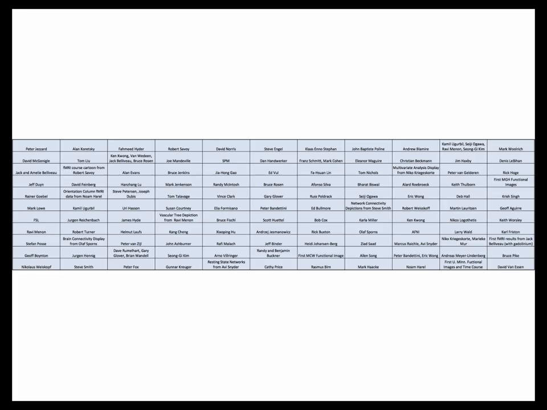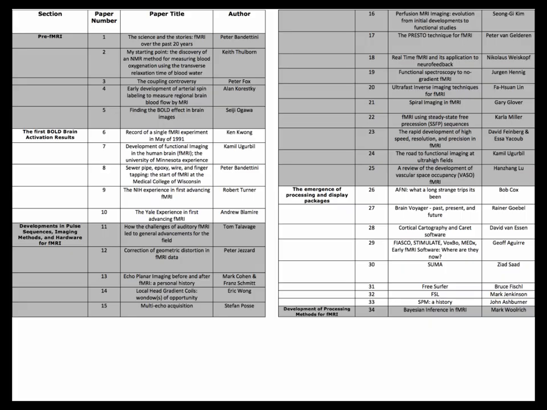I'm not just portraying the special issue, but this is how method development in fMRI has evolved over time. You have pre-fMRI, which is essentially PET or neurovascular coupling and issues like that. Then the first fMRI brain activation results, development of pulse sequences, methods, and integration with hardware, which is still evolving.